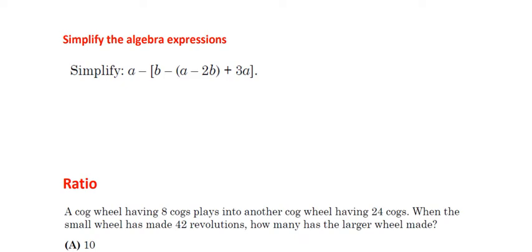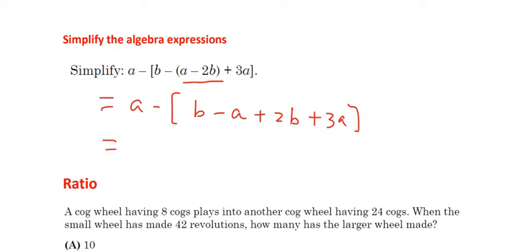So for an algebra expression, here we have parentheses. So we should simplify one by one, step by step. So here we just focus on inside, we just focus on this part. So this becomes b minus a, minus 2b becomes plus, right? Okay.